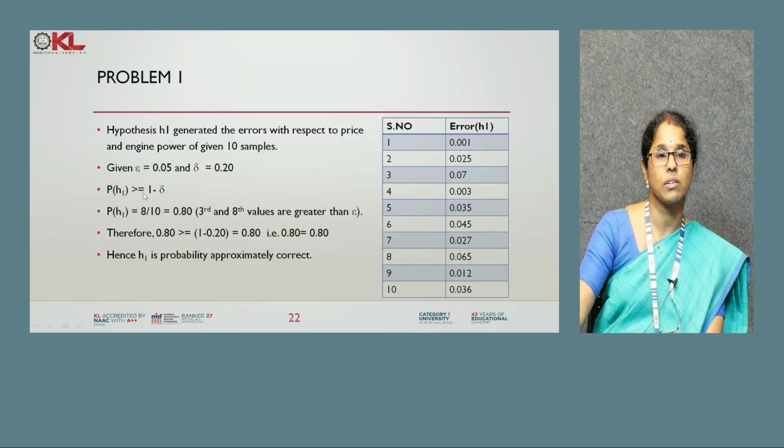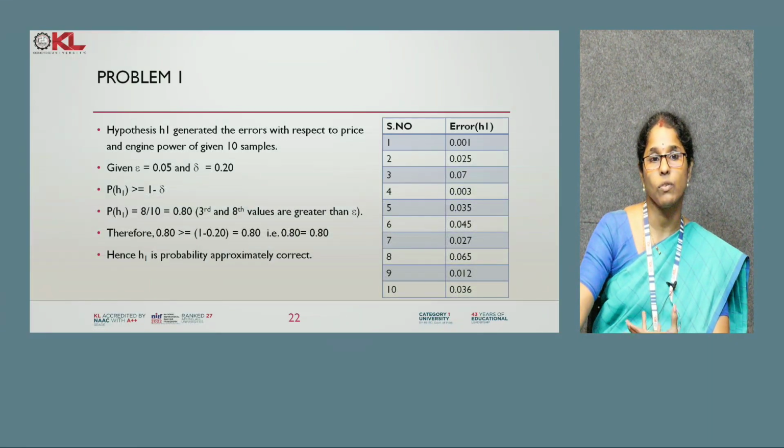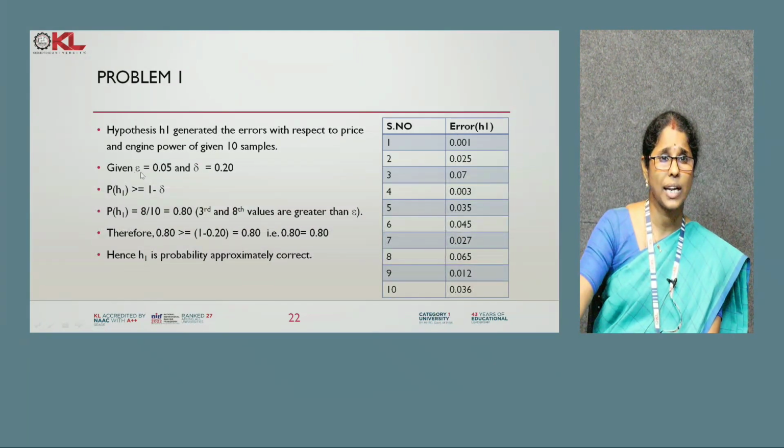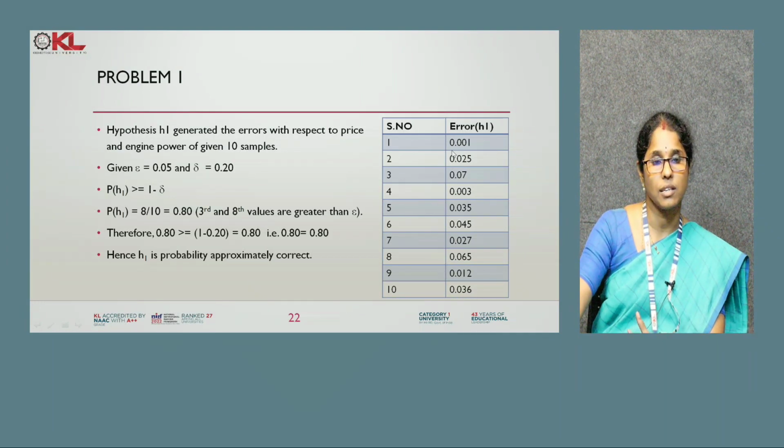P of H1 greater than 1 minus delta. First let us identify what P of H1 is. What is the epsilon value here? Epsilon is 0.05. Which values are greater than 0.05? If you check, 3 is greater than 0.05 and 8 is also greater than 0.05.